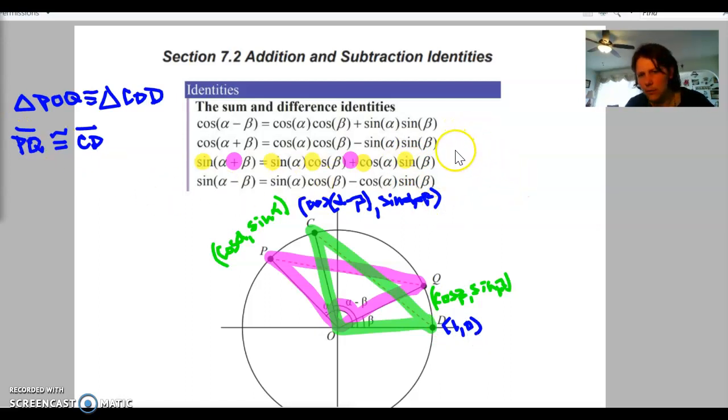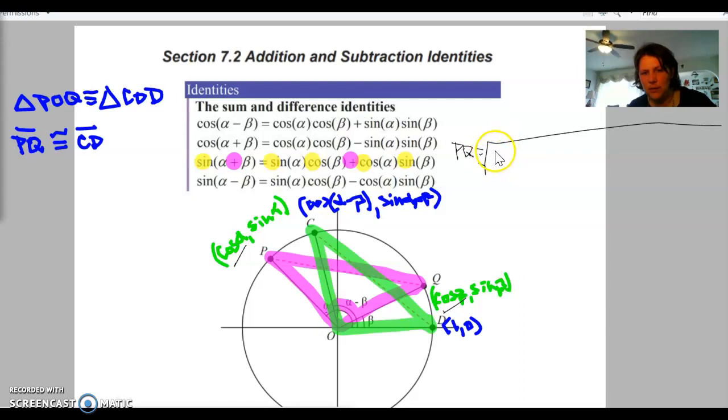Okay, so let's go ahead and go up here. I'm going to get a smaller pen here. And we are first going to look at the line PQ. So to prove these identities, I'm going to take these two lines and use the distance formula to show where this identity comes from. Alright, so I'm going to take the square root, and I'm first looking at P, so I'm going to take the difference in my x values and square them.